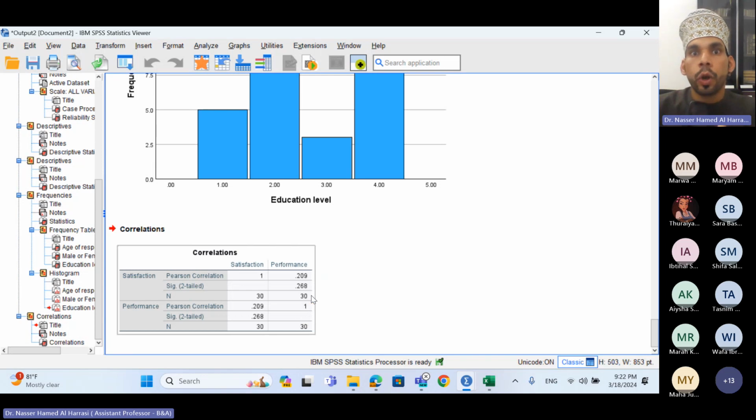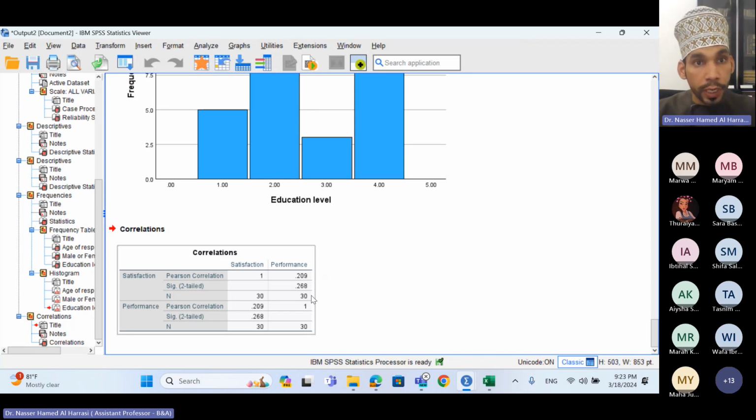It is okay if you find it more than 0.05. You can bring this table in your report and say there is a positive, weak relationship between satisfaction and performance, but the relationship is not statistically significant, as the significance is more than 0.05.